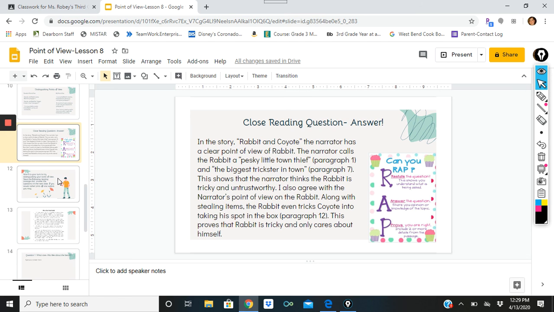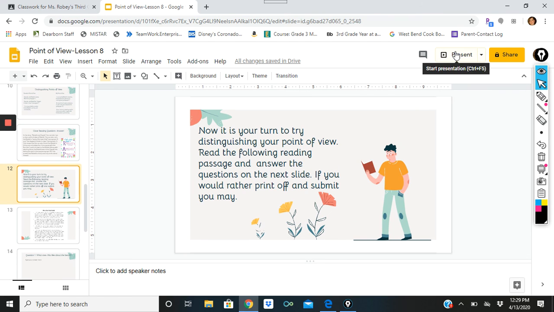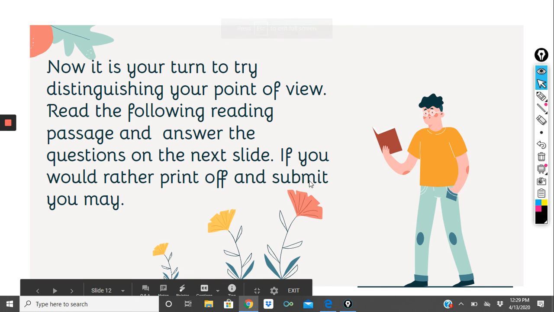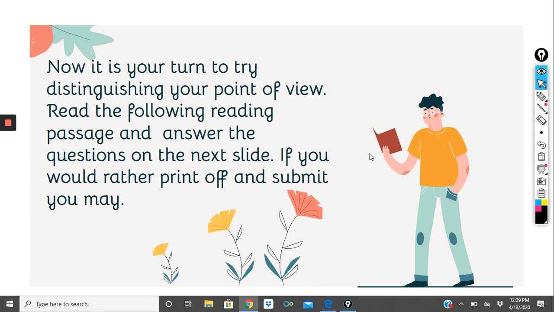So now, if you can guess it, it is your turn. Your goal is that you are going to practice distinguishing your point of view and that of the narrator. And really, you're going to be uncovering what is the narrator's point of view. That's really what I want you to focus on. So what you're going to do is, I have a passage on the next slide.